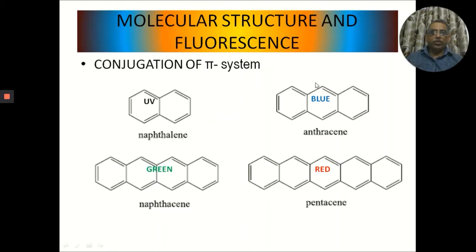Anthracene, which has one ring additionally present in conjugation, shows emission in the blue region. If you add one more ring, it further increases to green. If you add one more ring, it increases to the red region. Like this, you can see an increase in the conjugation always increases the wavelength of the emission, or otherwise shifts the wavelength of emission towards the longer wavelength side. This is the influence of conjugation on the fluorescence of the pi star orbitals.